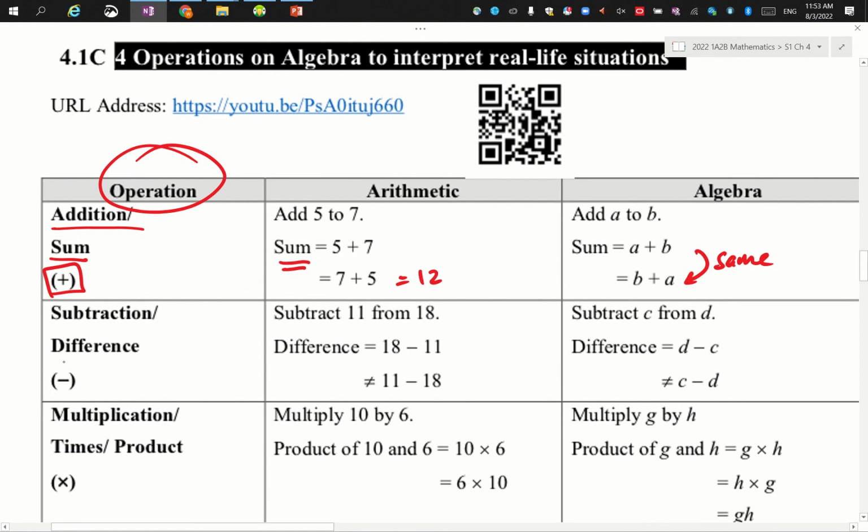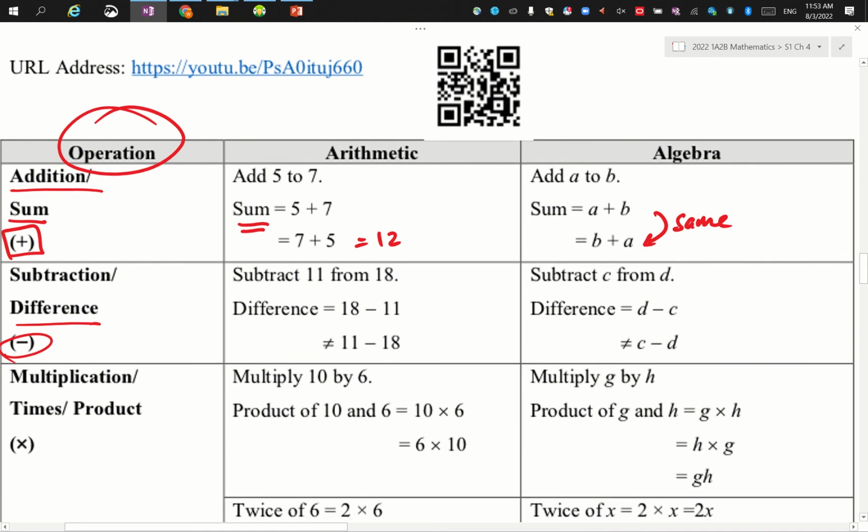Next, subtraction. Subtraction, otherwise known as the difference, or this symbol, minus. When we say subtract 11 from 18, we take away 11 from 18. So 18 is the original. We take away 11. We get 7. Now very basic stuff. You know that. Now, I'm concerned.